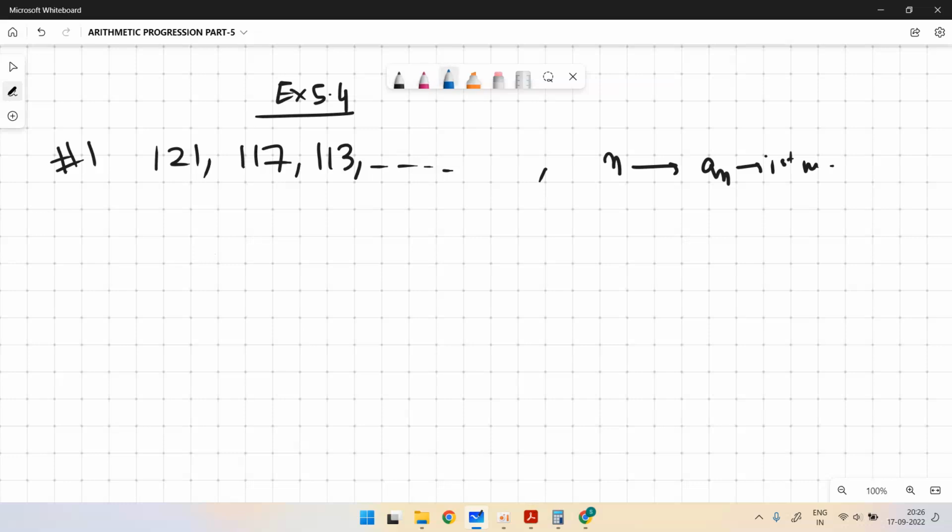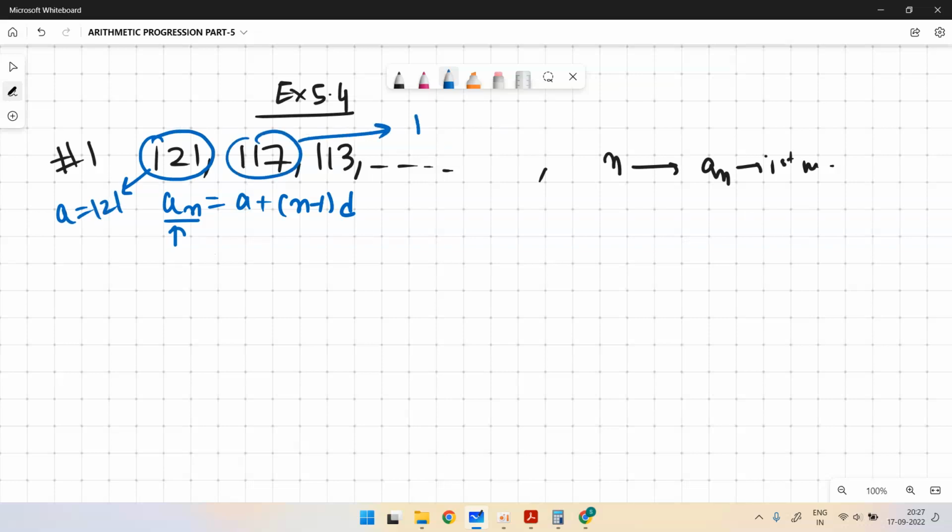Directly writing the formula, a_n is nothing but a plus (n minus 1) d. I'm assuming this a_n is my first negative term. From the given AP, a is equal to 121. The common difference d is 117 minus 121, which is minus 4.